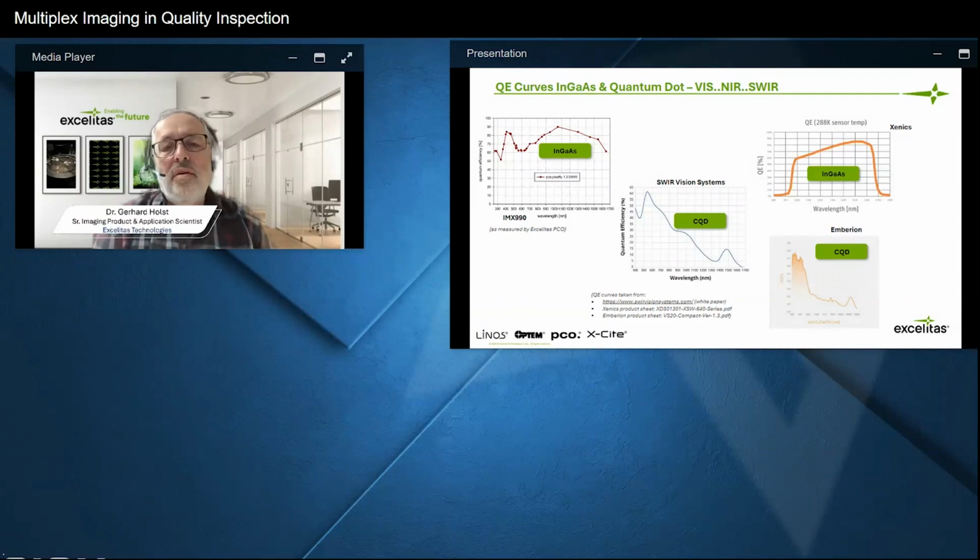And here you see some curves, and there is one sensor made by Sony, upper left, made of indium gallium arsenide, and this shows a very nice sensitivity from the visible towards 1700 in the shortwave infrared. The typical InGaAs sensors, like the one example from Xenix, usually are sensitive between 900 and 1700, while the different varieties of colloidal quantum dot sensors show a sensitivity from visible to SWIR, but usually at a much lower quantum efficiency compared to InGaAs.